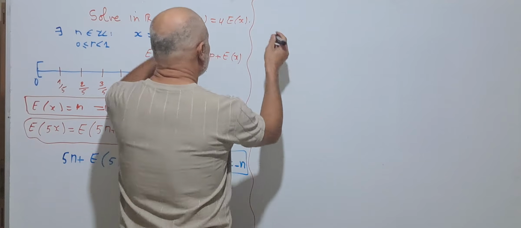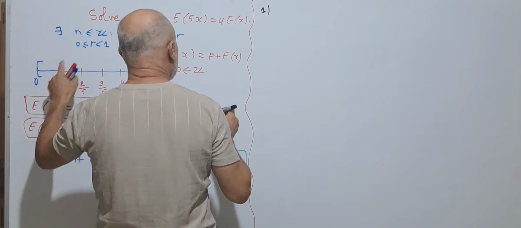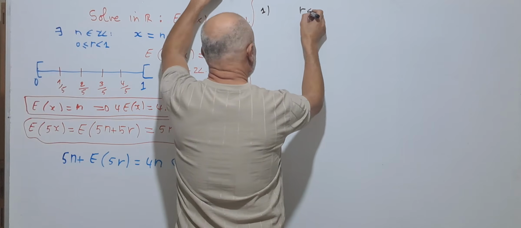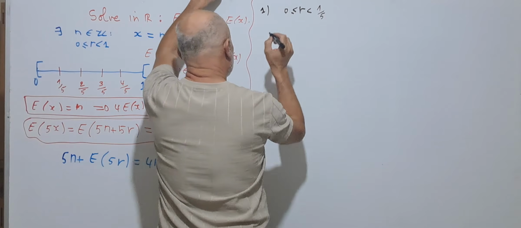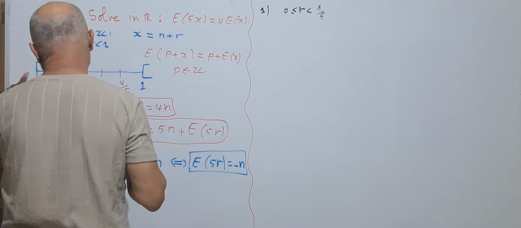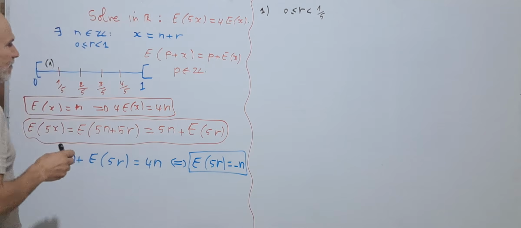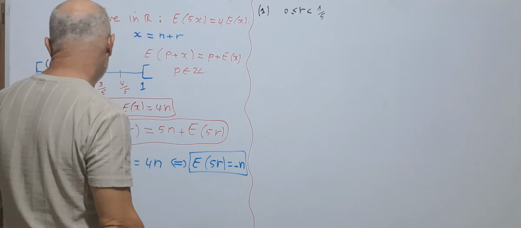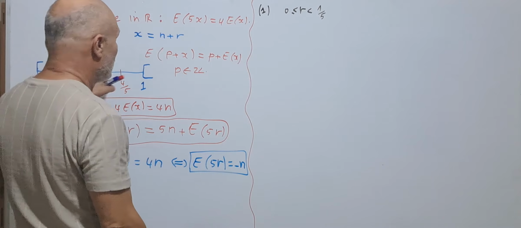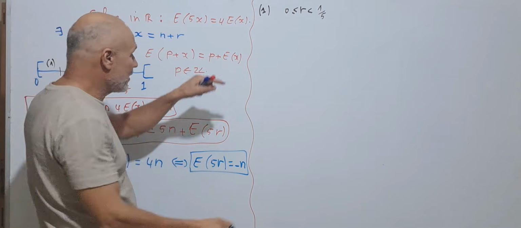First case. The first case, if r is less than 1 over 5 and greater or equal to 0. So this is the first case. From this case, we need to consider 5r.